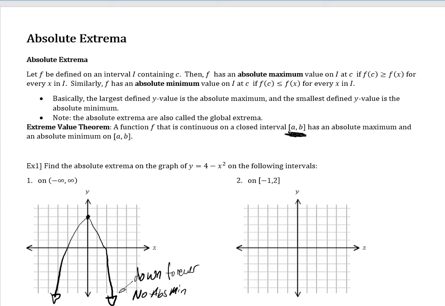However, where it meets at the top here, the vertex, that is our largest y value. So we have this point, the 0, 4. The 0, 4 is the actual point, and with that, just the y-coordinate itself would be the absolute maximum. So we have an absolute max of 4 at x equals 0.